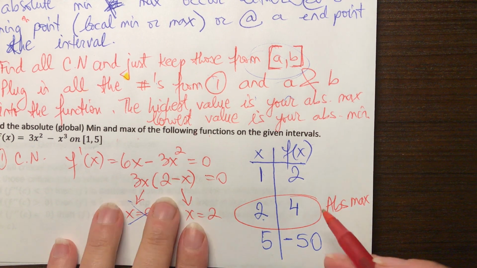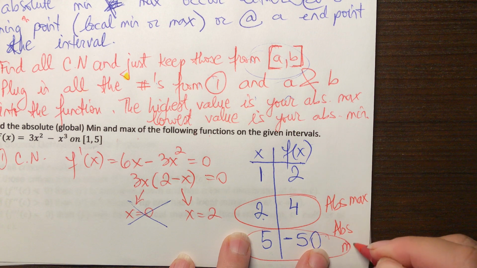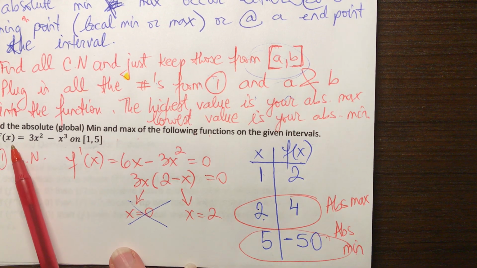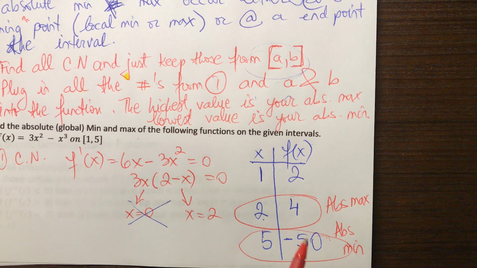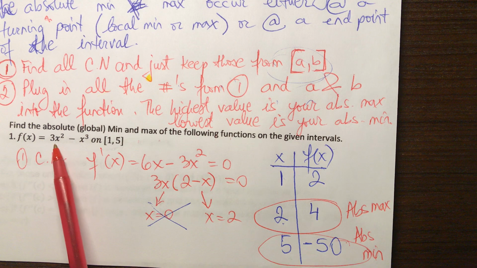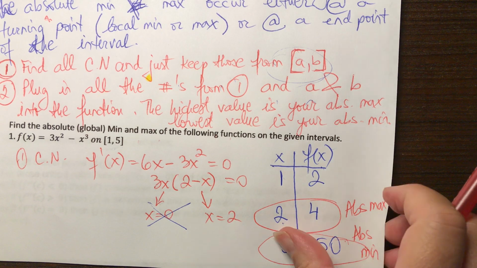Which one produced your lowest value? This one. So on this interval, right, this function will take its highest value at 2, and the highest value is 4. It will take its lowest value at 5, and that lowest value it takes is negative 50. That's it. Okay.